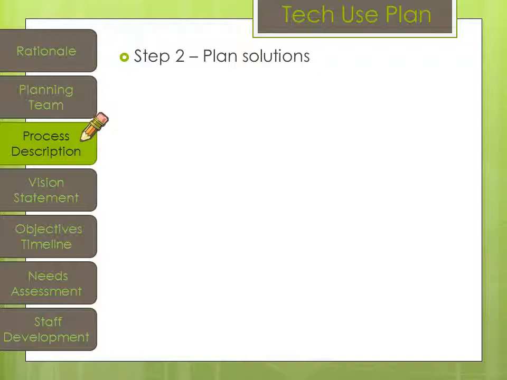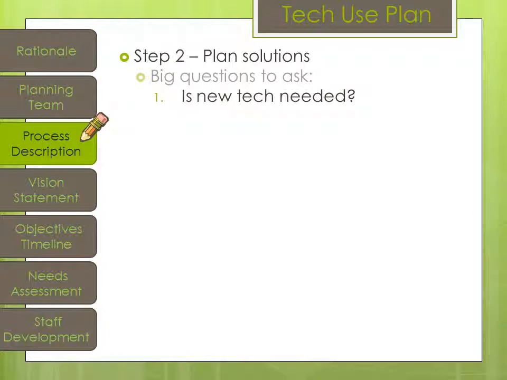Once the needs and goals are identified, educational professionals need to determine the best way to achieve these goals. A few of the questions that really need to be answered, some of the big questions in trying to solve these problems and meet these needs are: number 1, do we really need the implementation of a new technology to meet the particular need we're trying to solve?